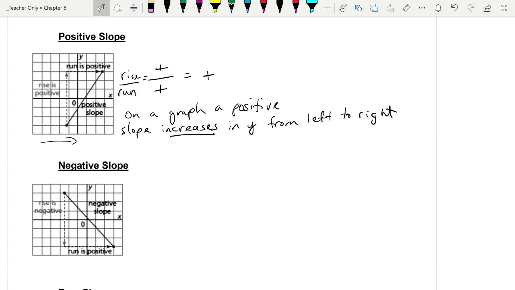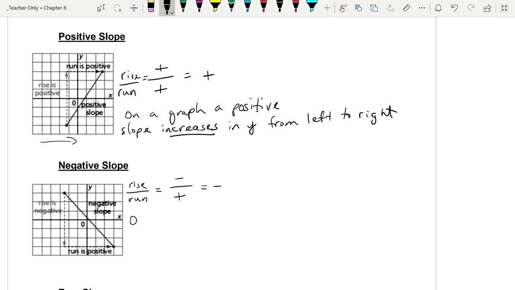Okay. For a negative slope, and again, yours is just to the right on your page. For a negative slope, rise divided by run, well, as you can see, to go from left to right, I have to go down, and down is the negative direction on a grid. Run is still going from the left to the right, so that's still a positive direction. And a negative divided by a positive is a negative.